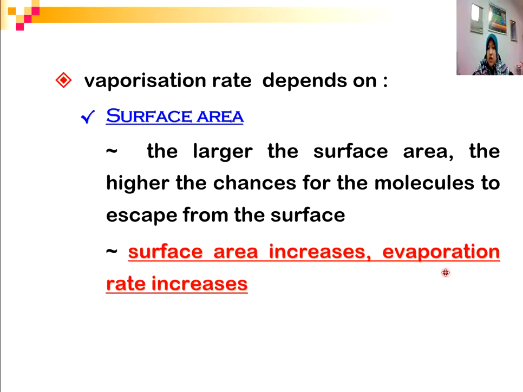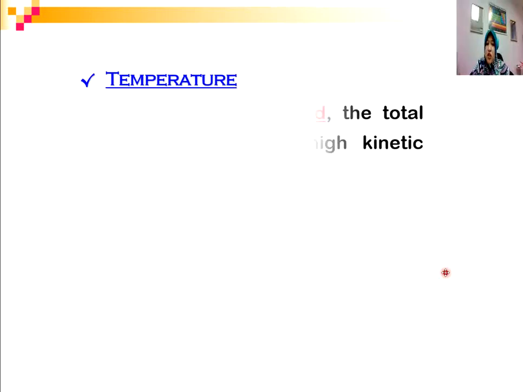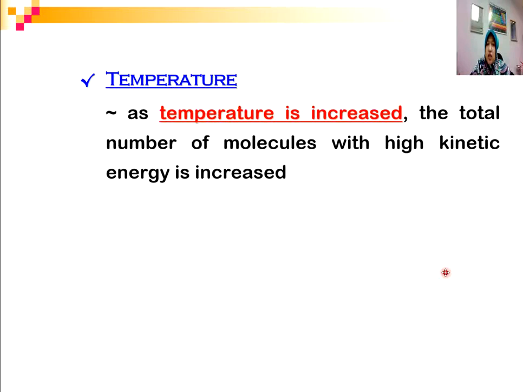Vaporization is the same as evaporation. The second factor that will affect how fast the vaporization occurs is the temperature. If we compare a glass of water that we put into a chiller with a glass of water that we put outside the house under the sun, of course the one outside the house will be vaporized faster than the one in the chiller.